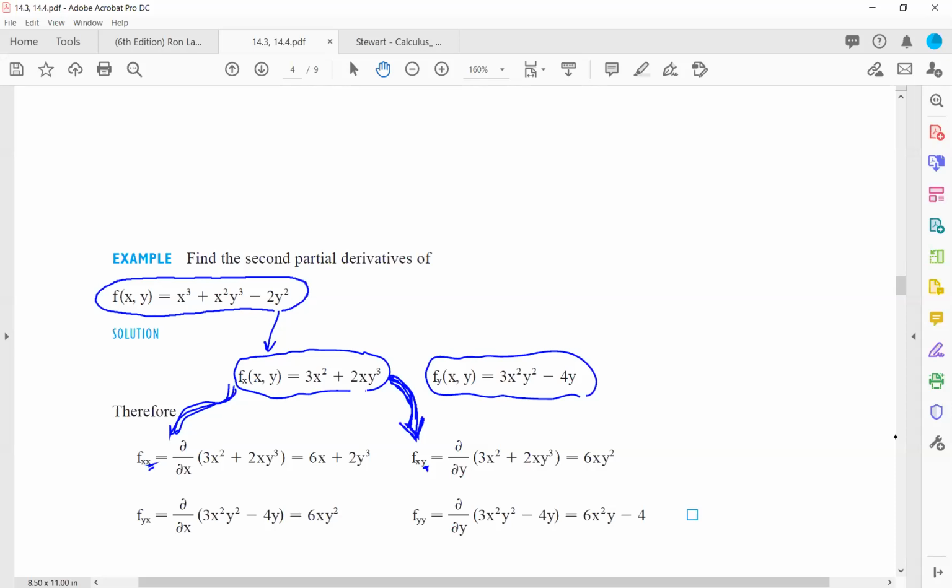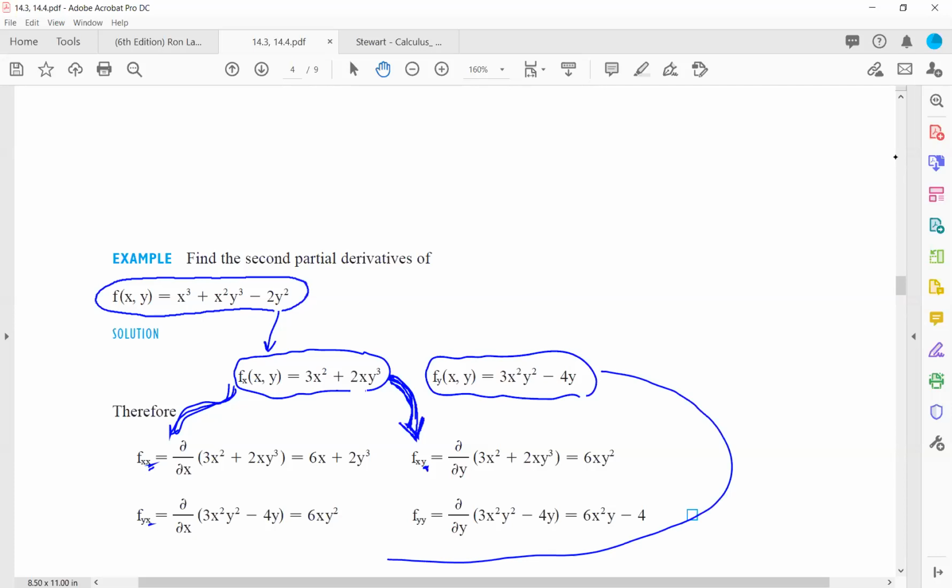Now for the second partial derivative using f of y. The outside variable is x. We are taking the derivative of f of y with respect to x.